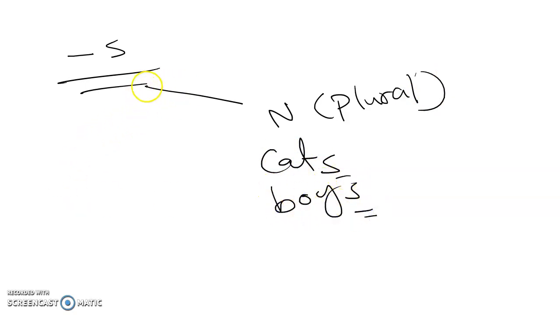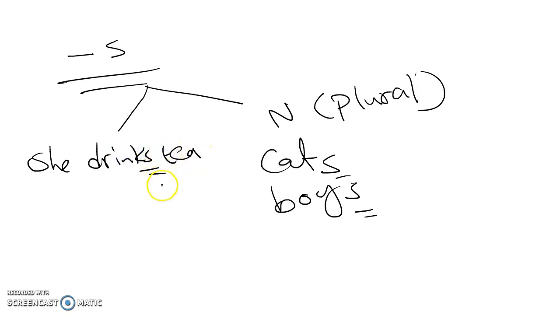And on the other hand, I can use this -s in the third person singular, with third person pronouns with the simple present tense. So, for example, I can say she drinks tea. So for this -s, the same -s is added to a verb just to say that this tense is simple present, and it is added to a noun just to say that this is a plural.